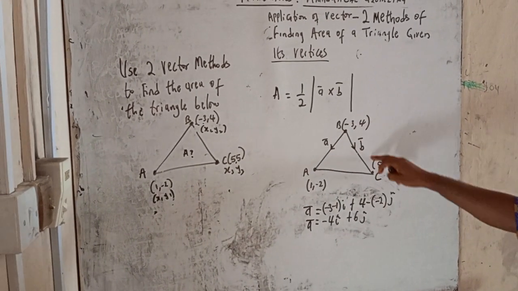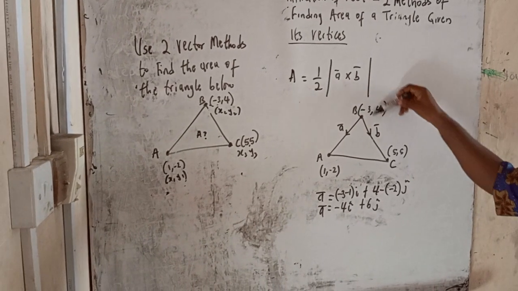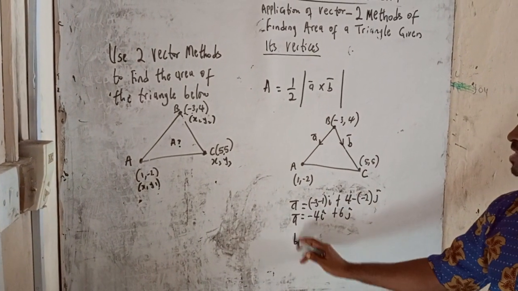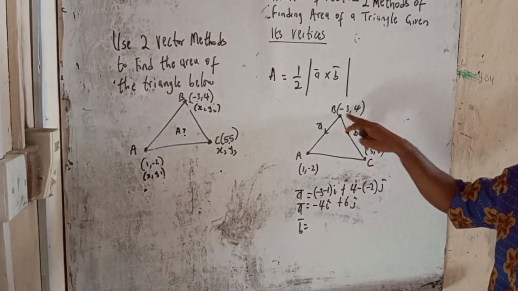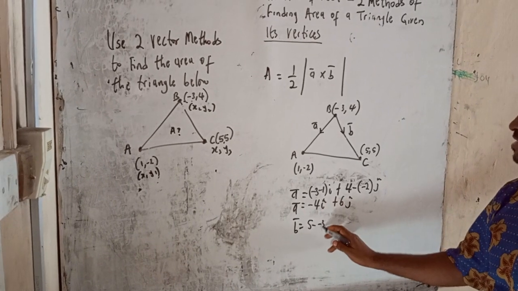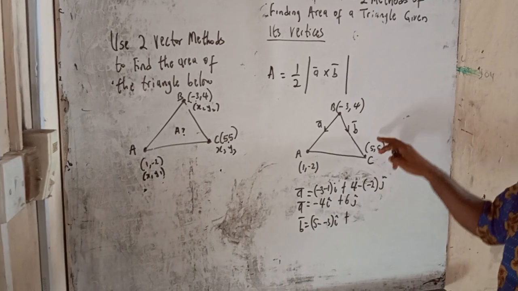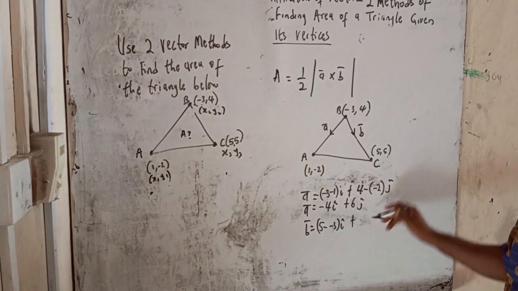Then for vector B here, we find the difference between the x coordinates and the difference between the y coordinates. For vector B, the difference between the x coordinates will be 5 take away minus 3. We call it I. Then plus, the difference between the y coordinates will be 5 take away 4.